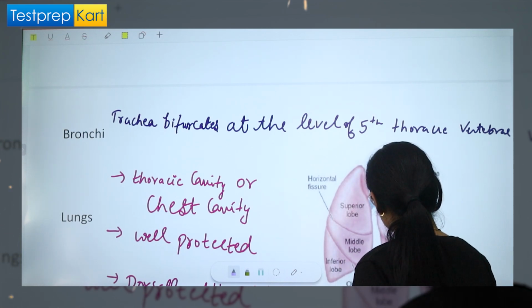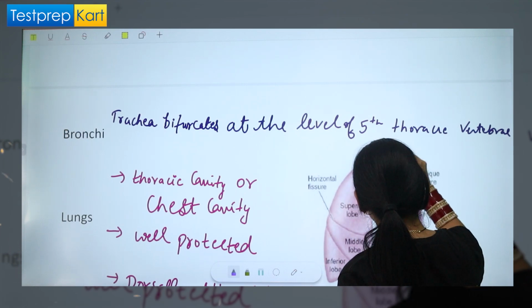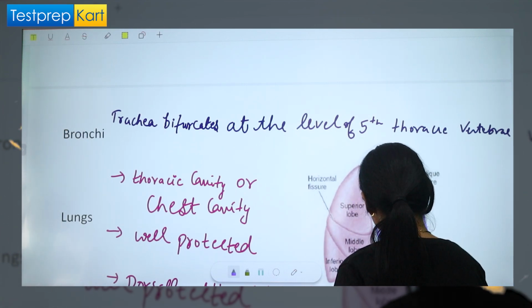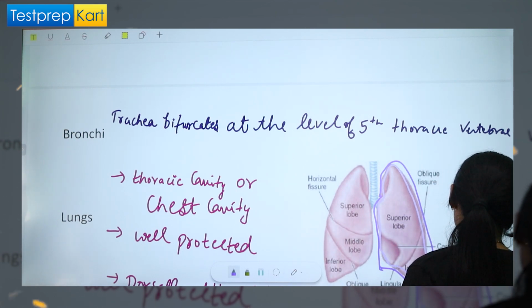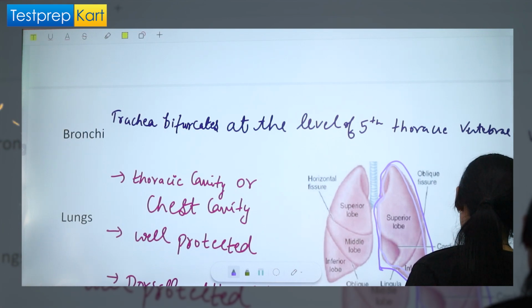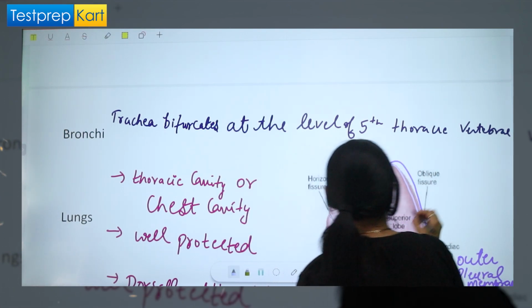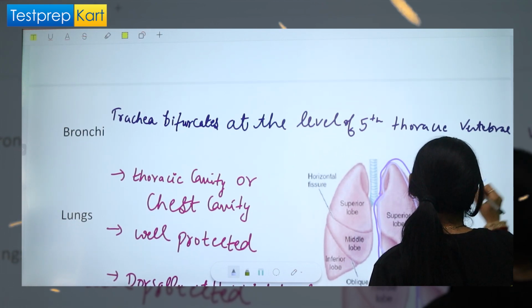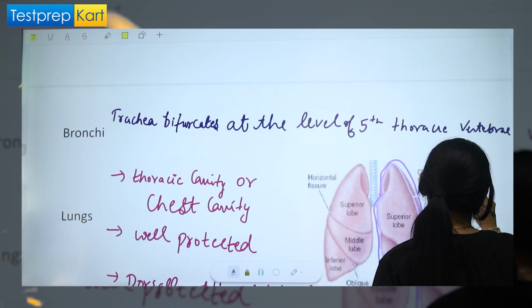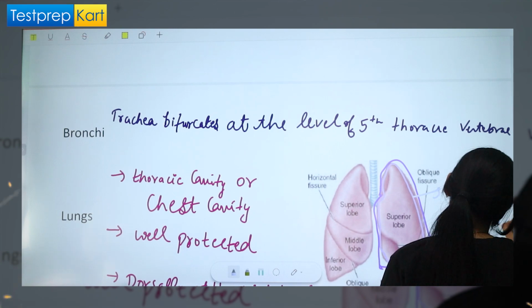So this is the outer membrane, and we can draw with another color the two membranes, right? The purple color will be the outer pleural membrane, and this slightly lighter color will be the inner pleural membrane, right? So the lung is also well protected in the thoracic cavity.